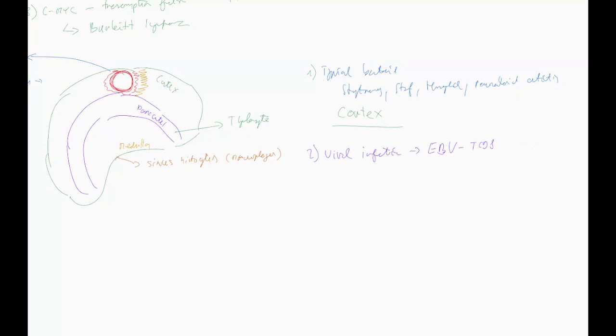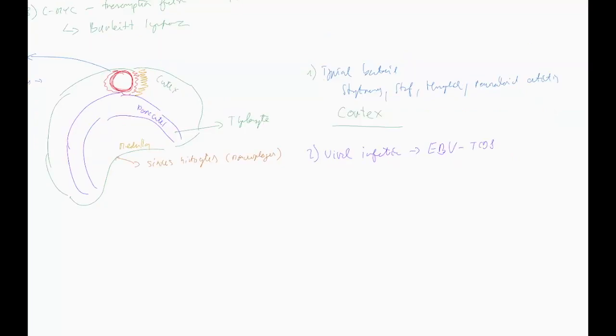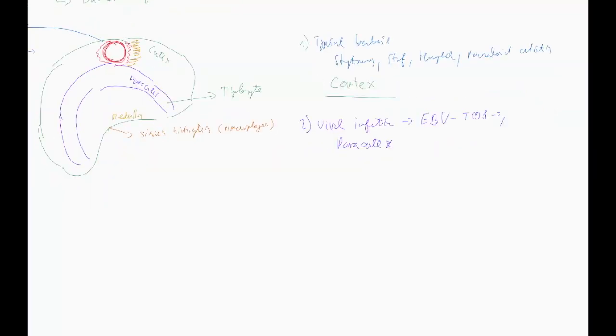So to repeat it once more, EB virus primarily infects B lymphocytes, but the expansion of the paracortex, okay, let's write paracortex over here, that is due to secondary reactive T cell proliferation, okay, so that's the one.